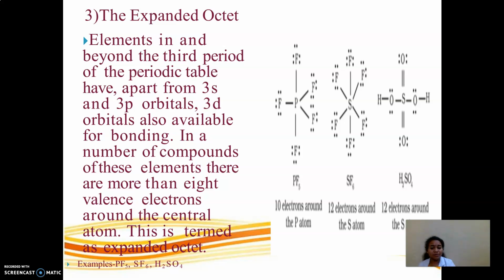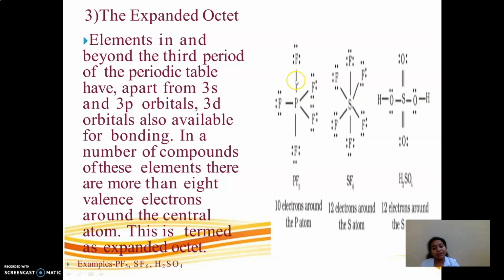So in a number of compounds of these elements, there are more than 8 valence electrons around the central atom. This is termed as expanded octet. If you check the compounds, for example, PF5, SF6, H2SO4, you can see here. Phosphorus has the ability to attach with 5 fluorine atoms.